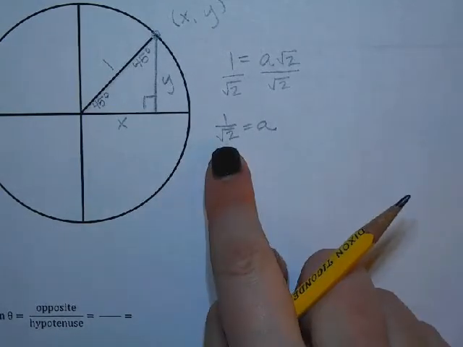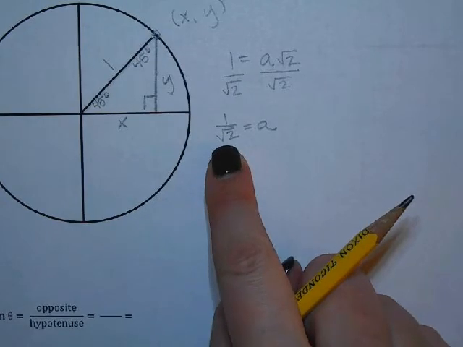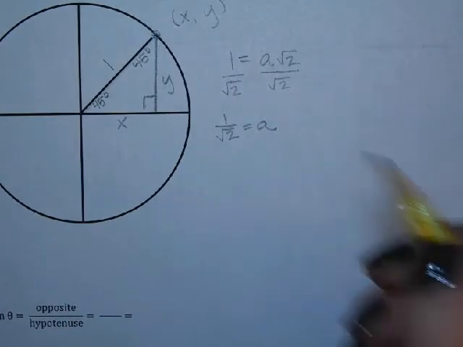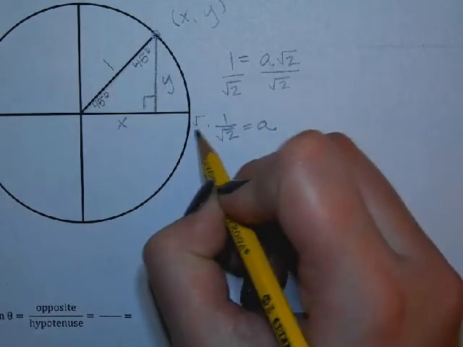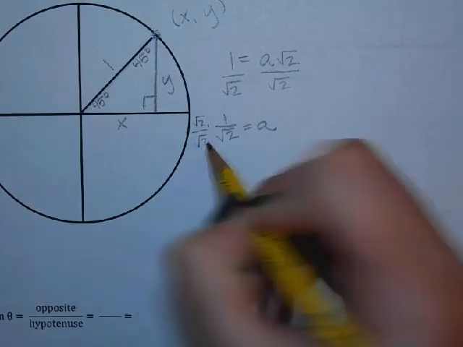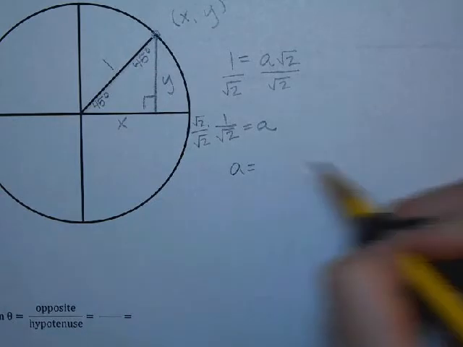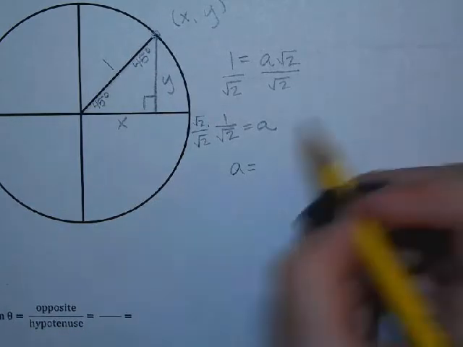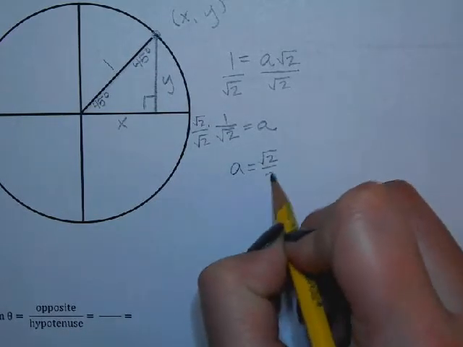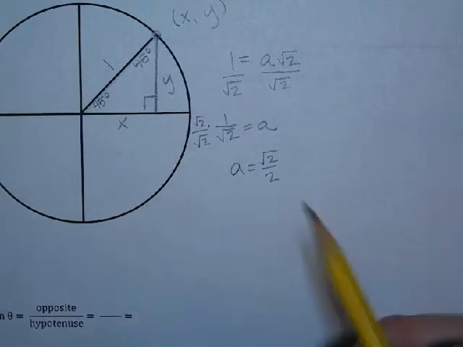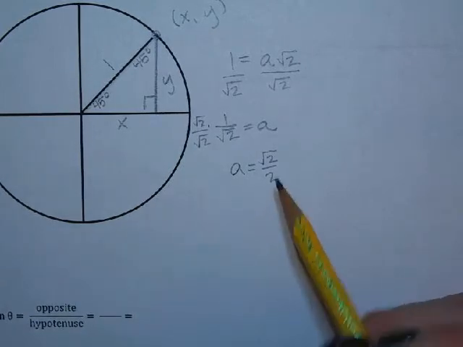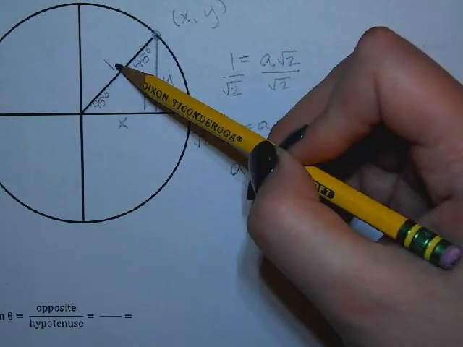All right, so what do I need to do to fix this? Root 2 over root 2, and so a equals root 2 over 2. Okay. So this was the a square root 2 side.